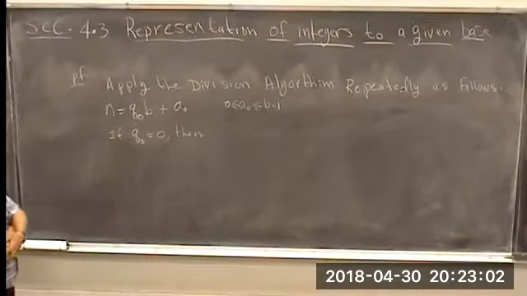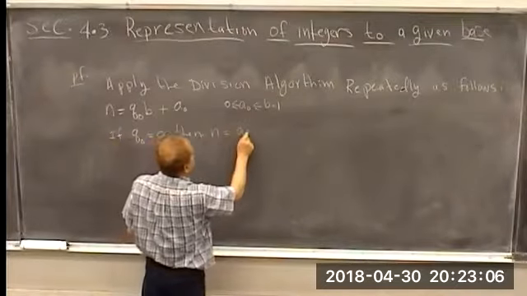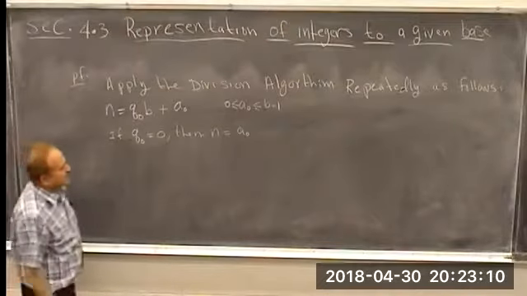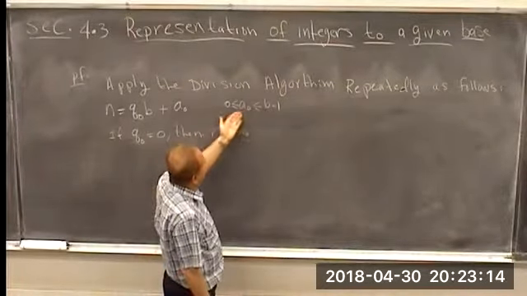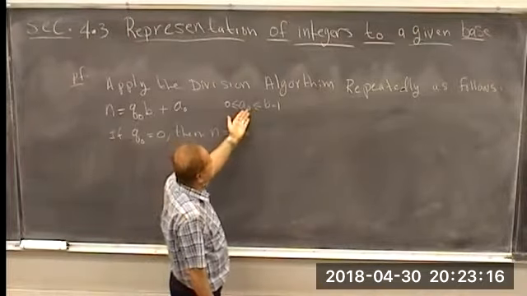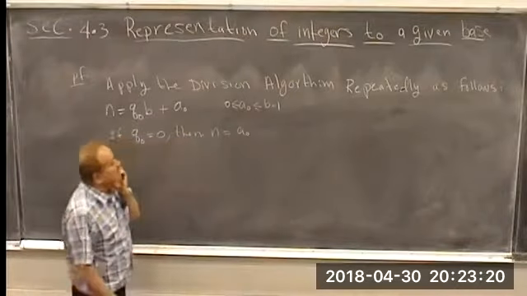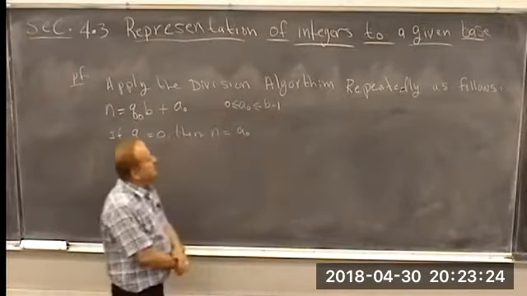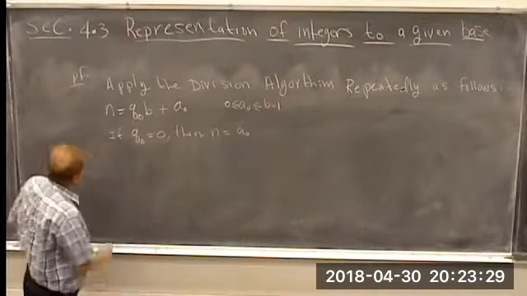So in this case, n is going to be a_0, and this satisfies the properties of the representation of n. It's going to be just one single digit. It could be 0 itself, or it could be any digit less than or equal to b minus 1.